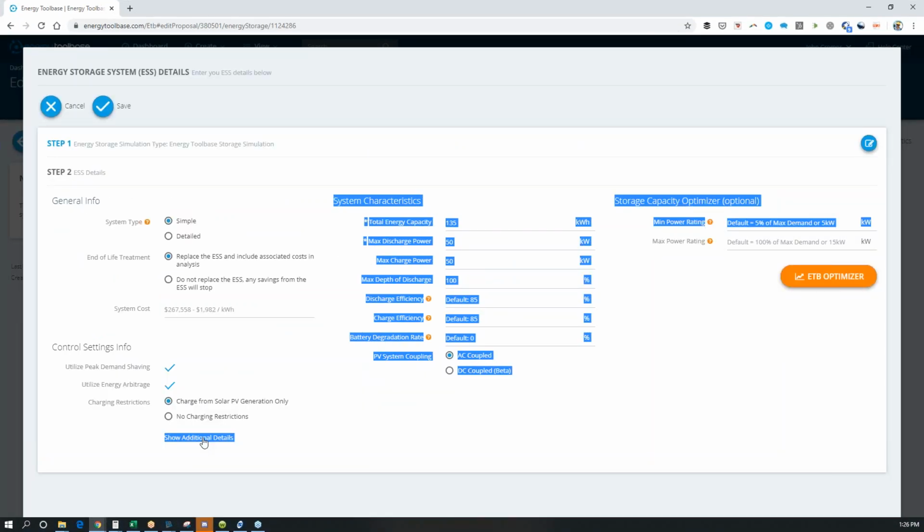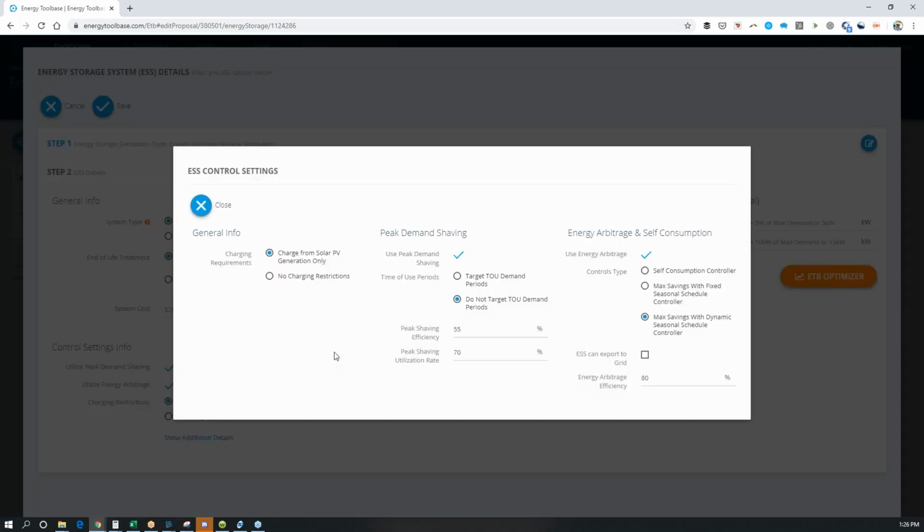But we have some additional charge control settings, and I've actually learned this as a little bit of a learning tool to see how there are different modes of operation that you could use a battery in. You could use energy arbitrage, where you're charging the battery at an off-peak time and then discharging it at a peak time.